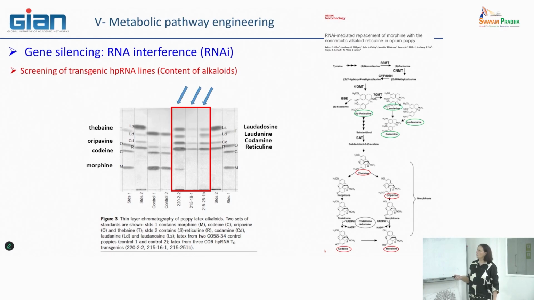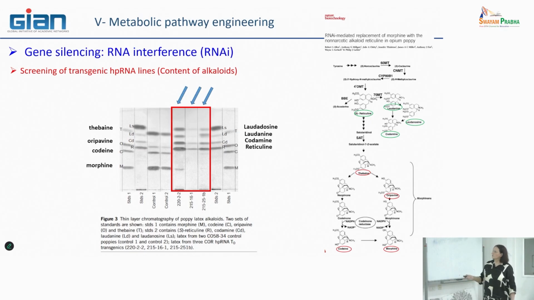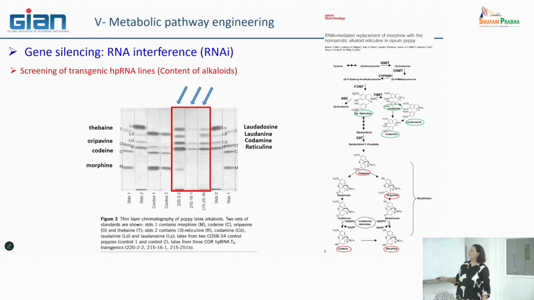Here are the precursors: reticuline, codamine, laudanine, and laudanosine, okay? And here is the last part of the metabolic pathway, in which you have the final molecules, morphine, codeine, and also the precursors thebaine and oripavine.